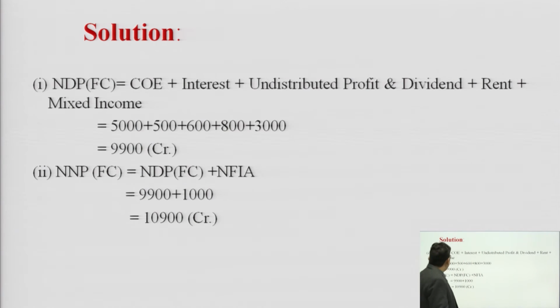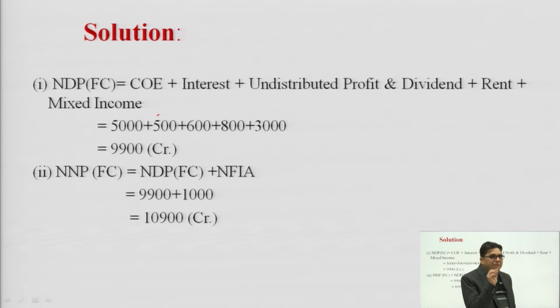As I said, by the income method we reach the figure of NDP at FC, net domestic product at factor cost. It is compensation of employees, interest, undistributed profit and dividend, rent plus mixed income. So, it is 5,000 plus 500 plus 600 plus 800 plus 3,000, which comes to 9,900.